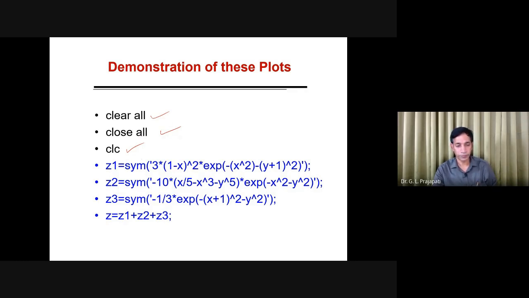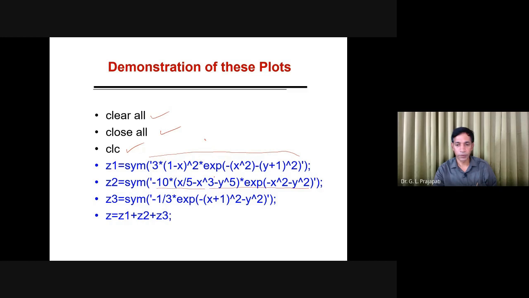Now Z1 is a symbolic expression: 3 into 1 minus x squared, with an exponent like this. Here there is no need for the dot operator, as you know. Now Z2 is also a symbolic expression.